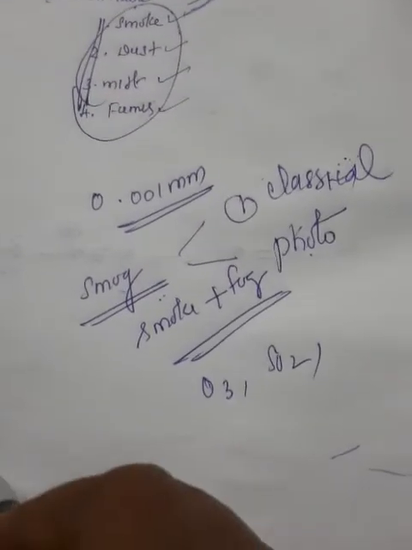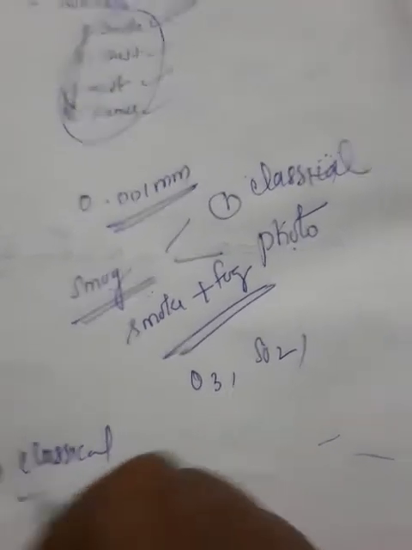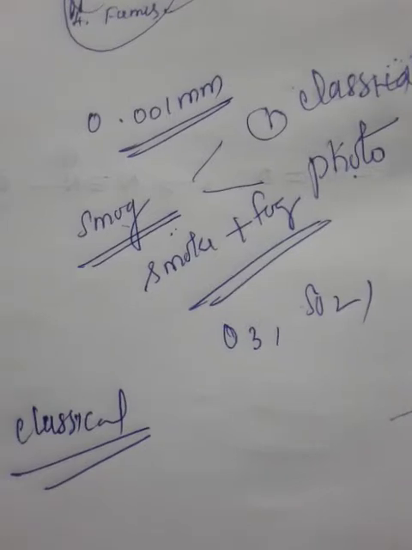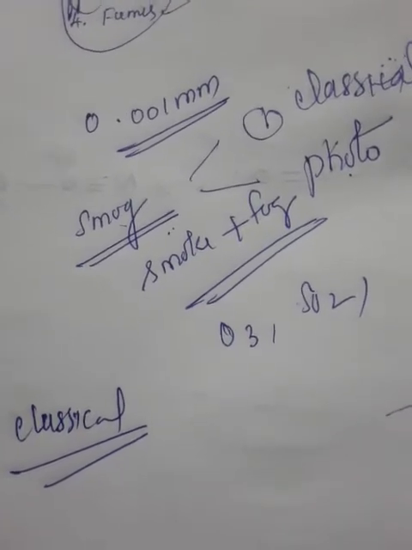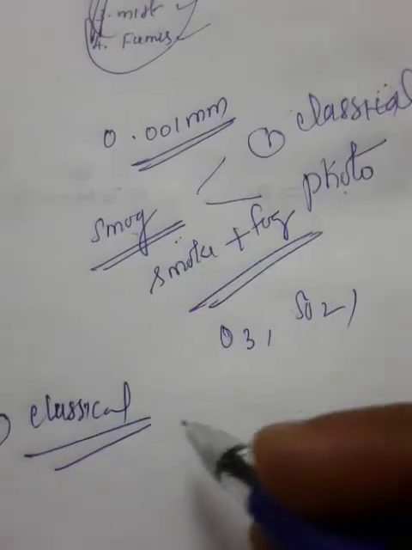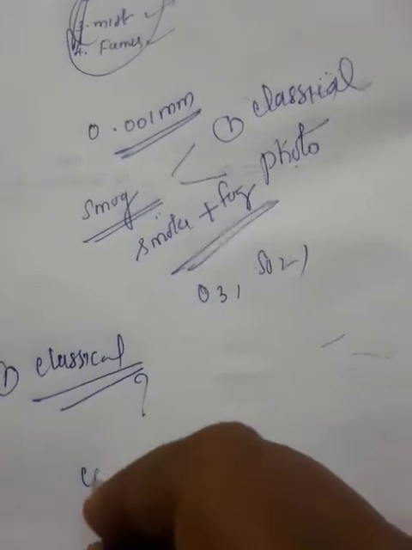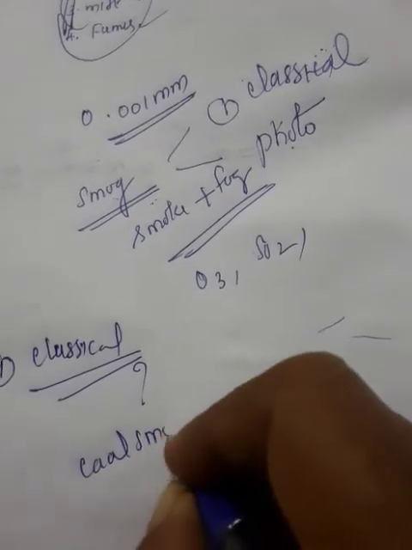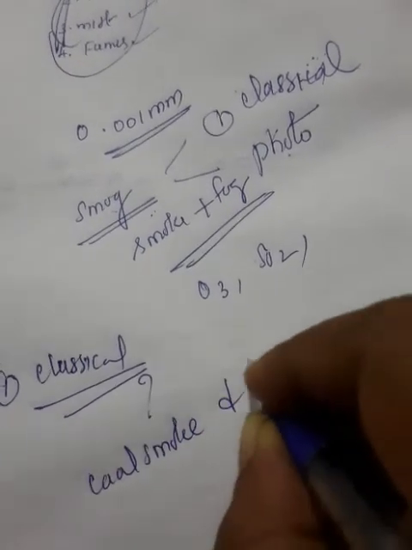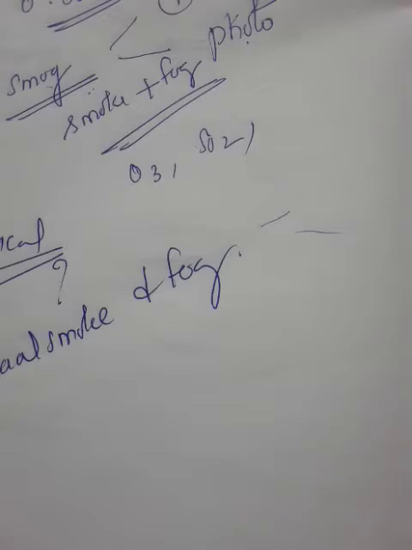Number one, what is classical smog, or other name is London smog, because it was first observed in London in December 1952. So it is called London smog. It consists of coal, smoke, and fog. It occurs in cool, humid climate.